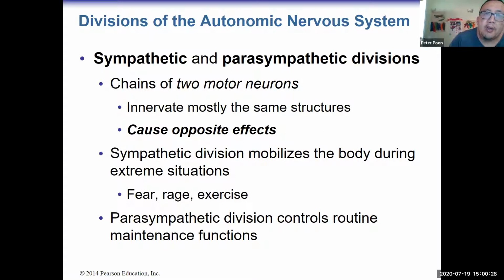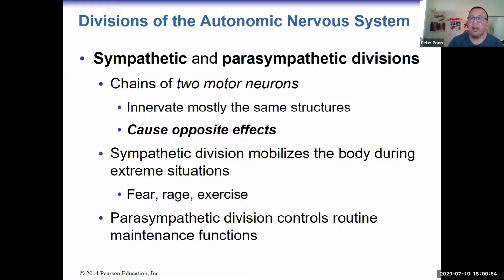The divisions of the PNS and CNS: the ANS breaks down into the sympathetic and parasympathetic. The sympathetic and parasympathetic innervate the same structures, but they have completely opposite effects.